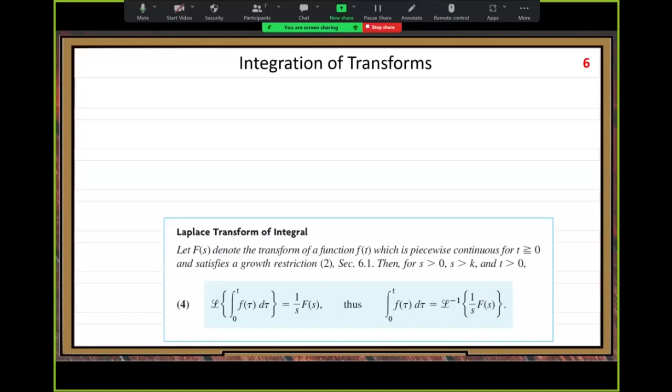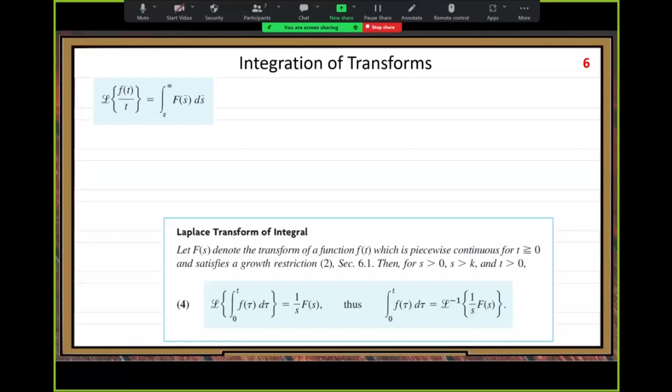Let's look at a new integration formula. After I show you the formula, I will prove it quickly. I want you to compare it with the older version. One main difference is that the integration occurs in the s domain, not the time domain.